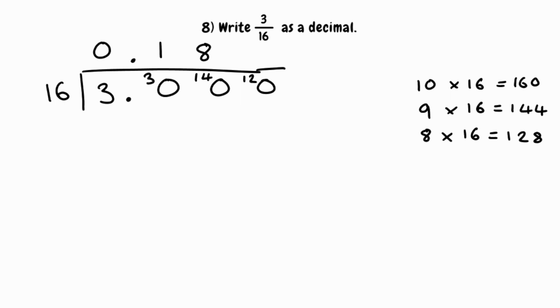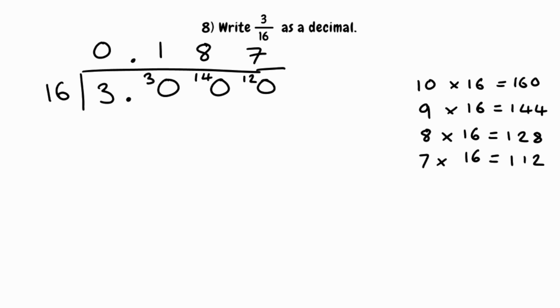So let's come down again. What would 7 multiplied by 16 be? Well, it'd be 16 less than the number above. So if we take 16 off 128, that's going to give us 112. So looking back at the question, how many times does 16 fit into 120? Well, that would fit 7 times, because 7 multiplied by 16 is 112. That's going to leave us with a remainder of 8.